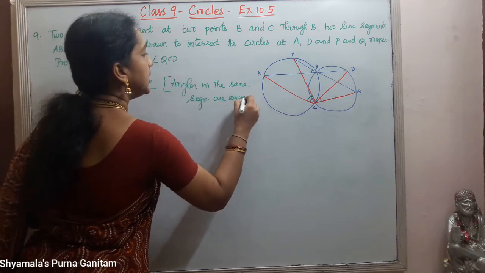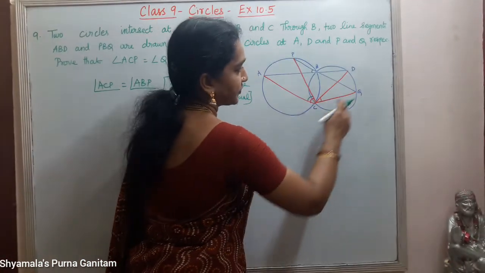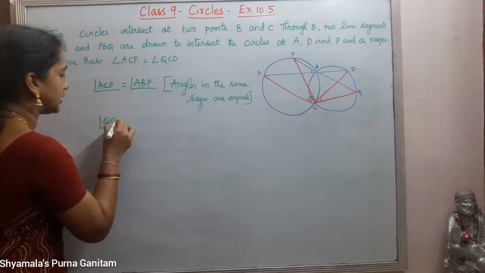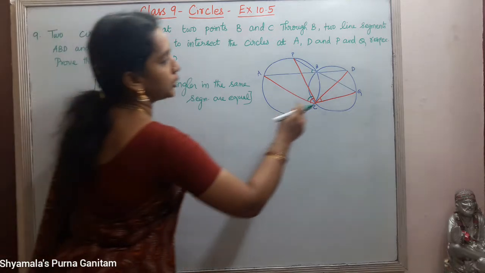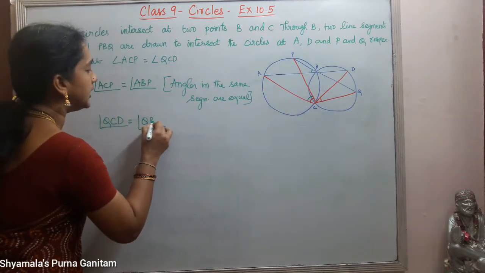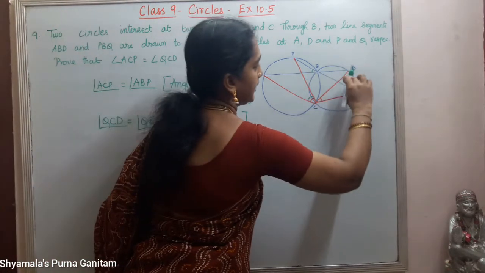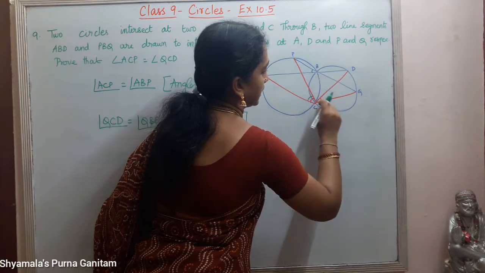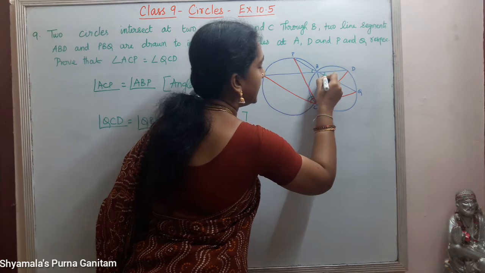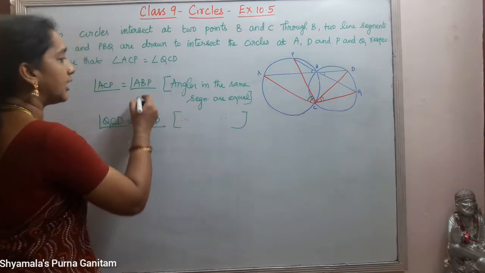Now the other one we will take, that is QCD. The same condition: QCD is equal to angle QBD. These two angles are in the same segment, so angles in the same segment are equal.